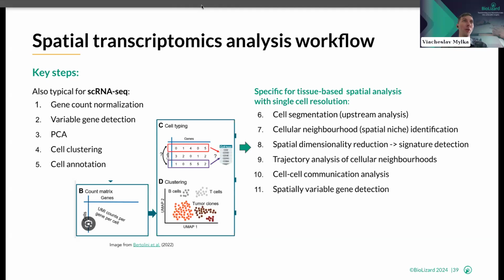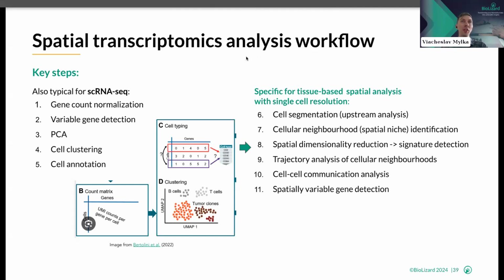Then we usually find variable genes. Then we do dimensionality reduction, for example, principal component analysis. We can also do cell clustering on the basis of those dimensions, and then we do cell annotation using gene markers. These steps are also performed in spatial transcriptomics.